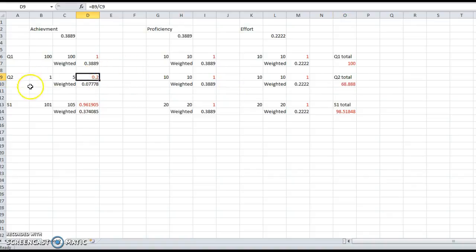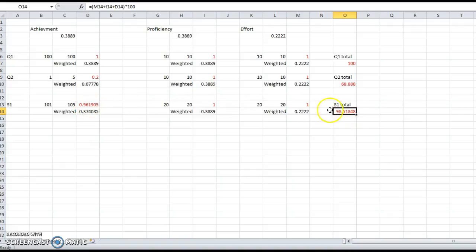However, because that 1 out of 5 is barely reflected in their semester achievement grade, their semester achievement grade is still really good, a 96%, which means their semester one total is still really good, which is why they have a 98%.